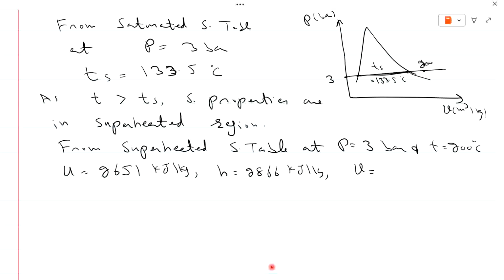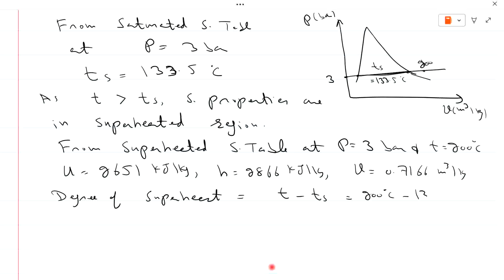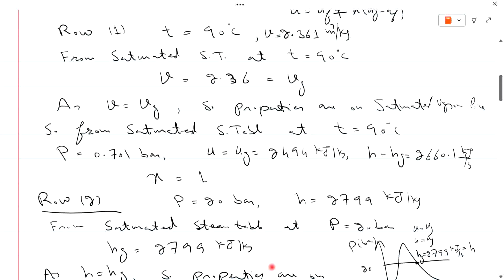Specific volume is 0.71 meter cube per kg, and degree of superheat is equal to superheating temperature minus saturation temperature. Superheating temperature is 200 degrees centigrade and saturation temperature is 133.5 degrees centigrade. So degree of superheat is equal to 66.5 degrees centigrade.